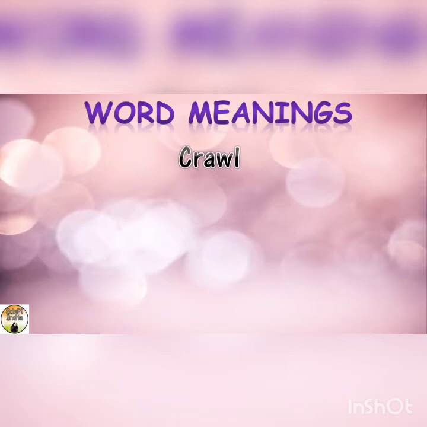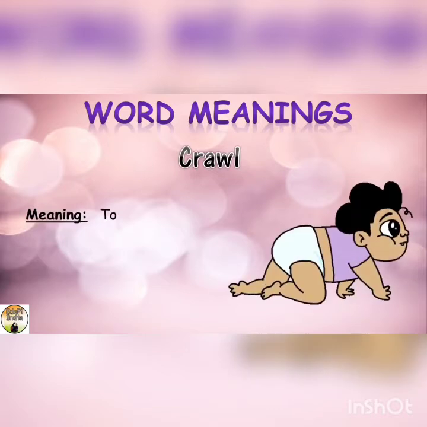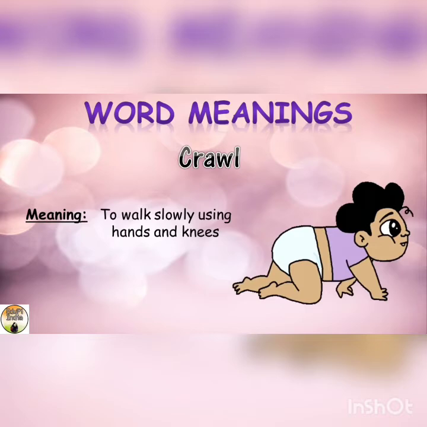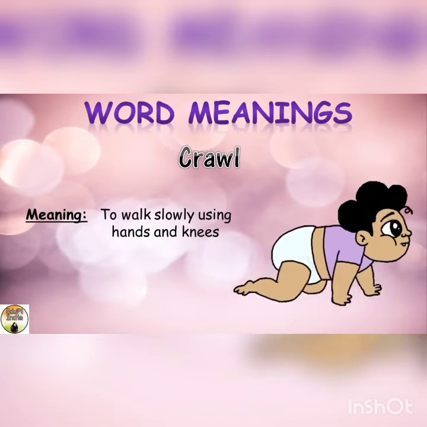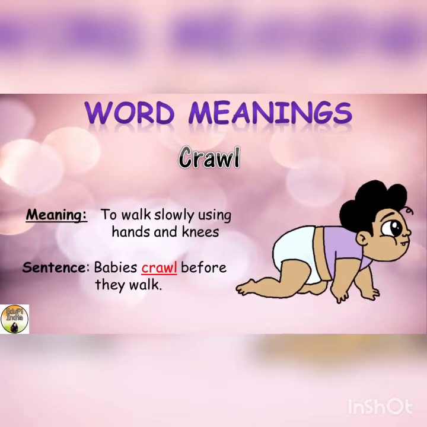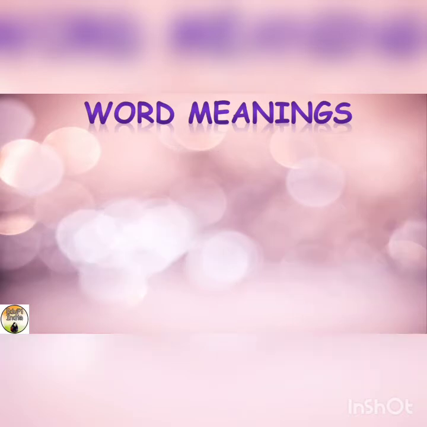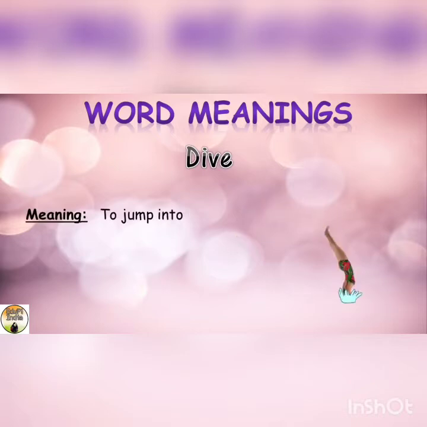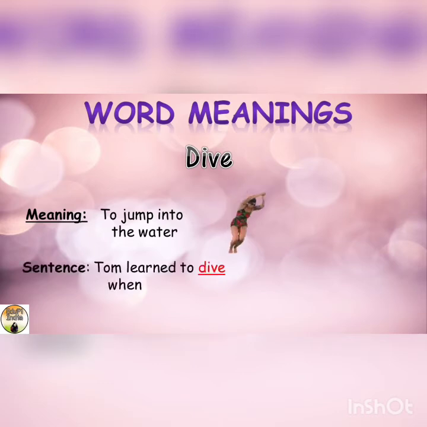Crawl. Crawl means to walk slowly using hands and knees like the babies do. Babies crawl before they walk. This can be the sentence. Next is dive. To jump into the water. Tom learned to dive when he was 5.